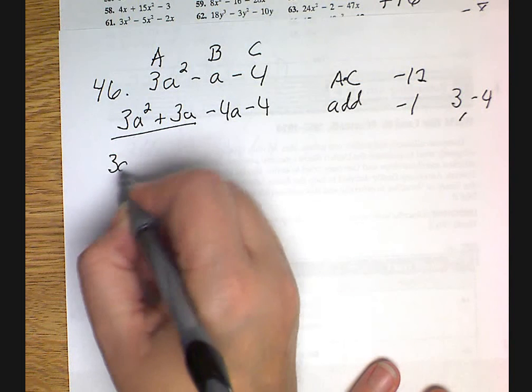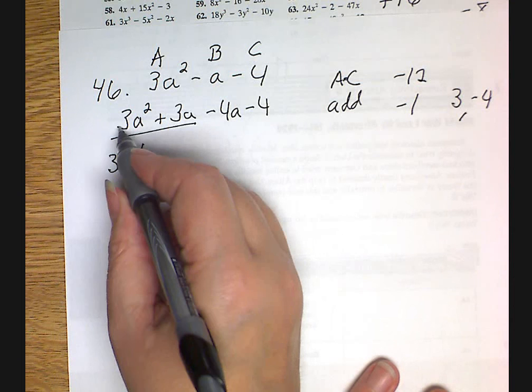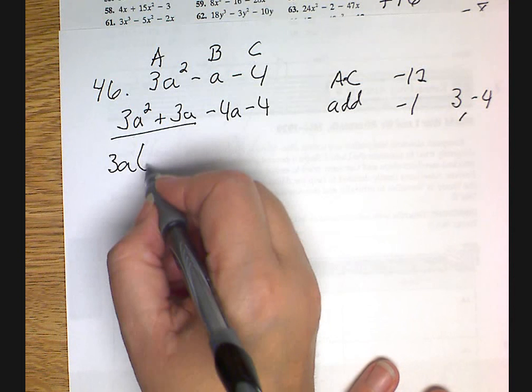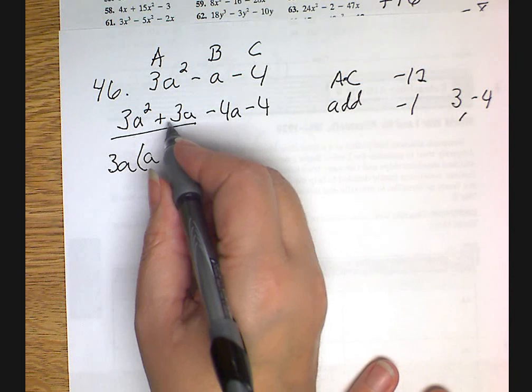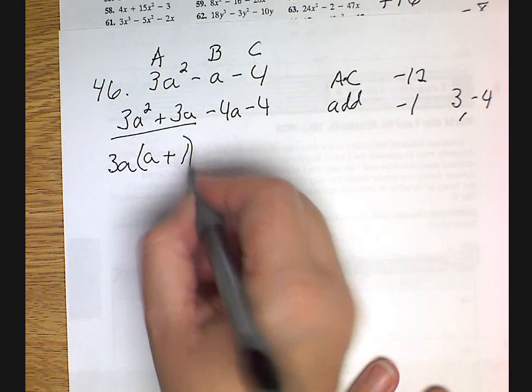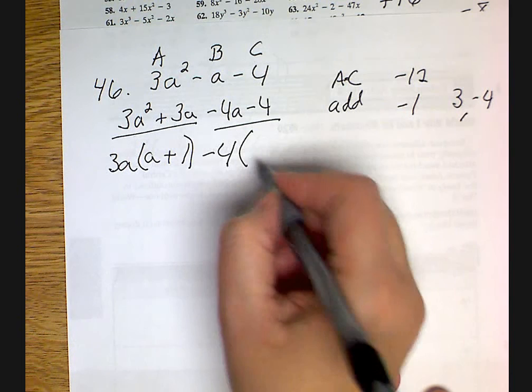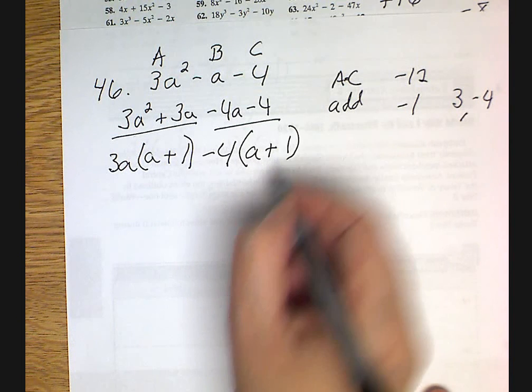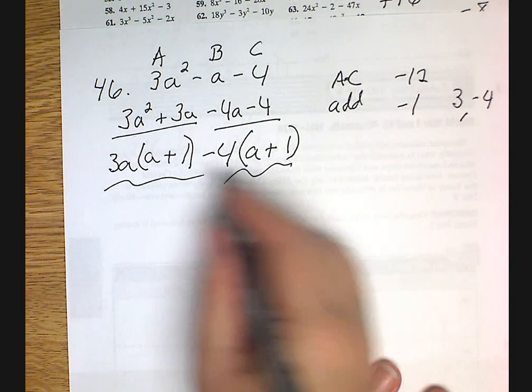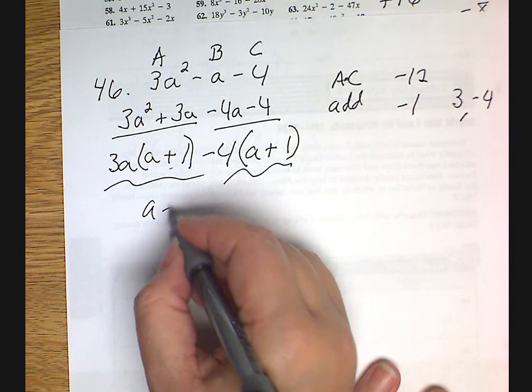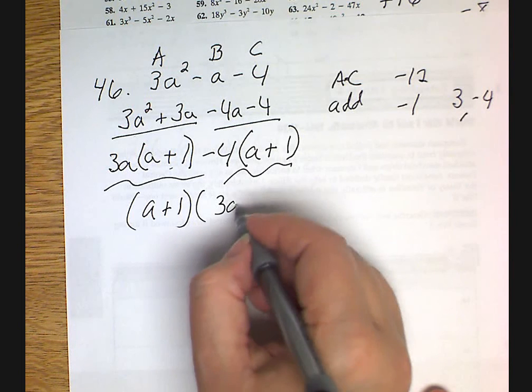So what's left? 3a times what gives me 3a squared? A. 3a times what gives me 3a? 1. Very good. This in common is a negative 4, leaving you with a plus 1. I'll finish it up because of time. These two have in common a plus 1. 3a minus 4 is what is in common.